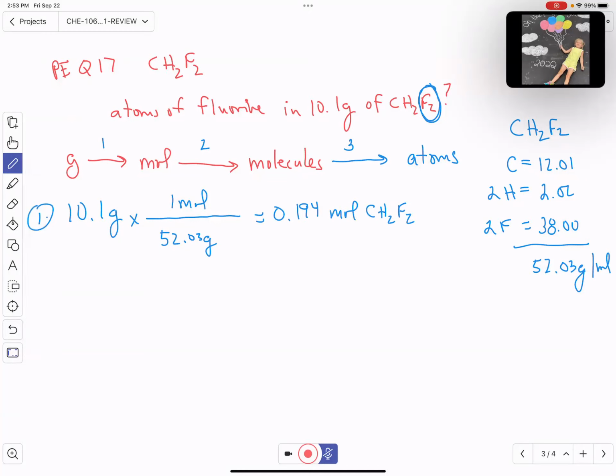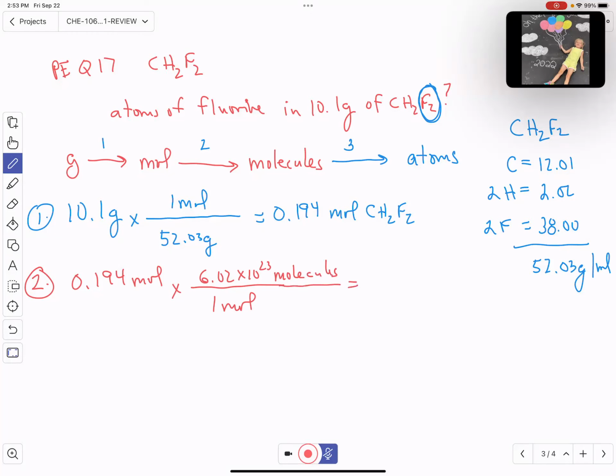All right, step 2, moles to molecules using Avogadro's number. So 0.194 moles. We know 1 mole of anything has Avogadro's number, 6.02 times 10 to the 23, in this case molecules.